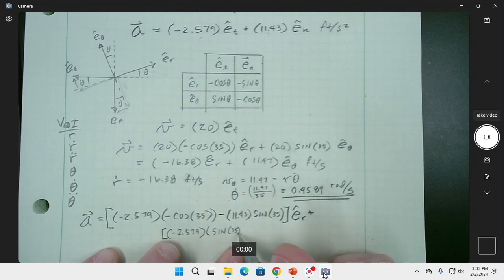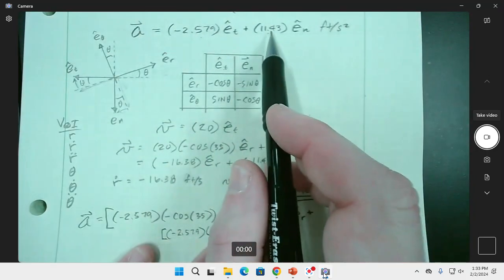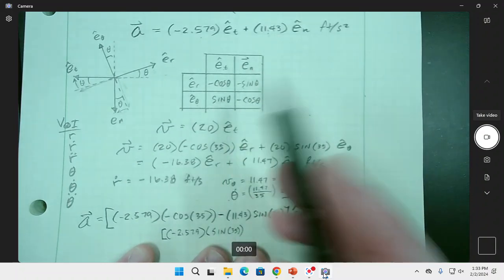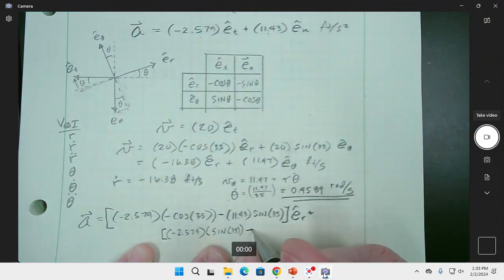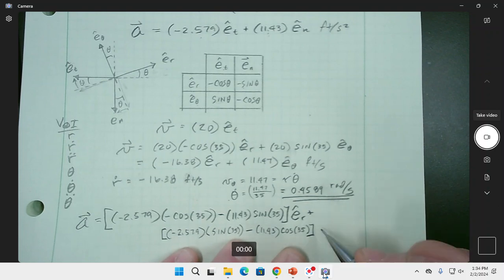I didn't need that parentheses, but I put it there, so I'm going to keep it in. And then lastly, we want this term times this. I'll put the negative right in there. So 11.43 times the cosine of 35. Boom. And we have E theta.